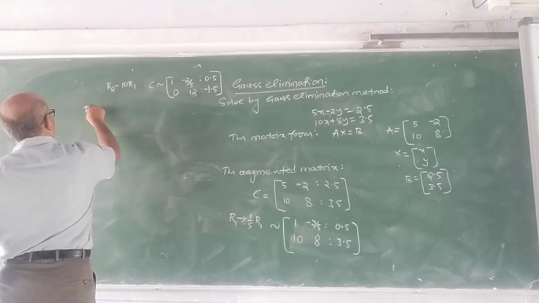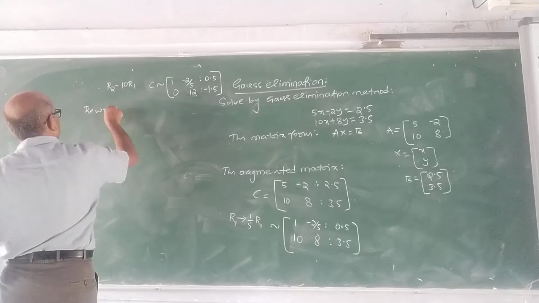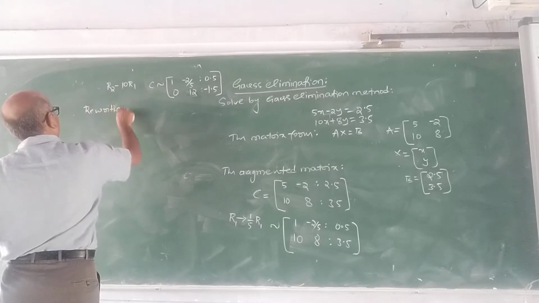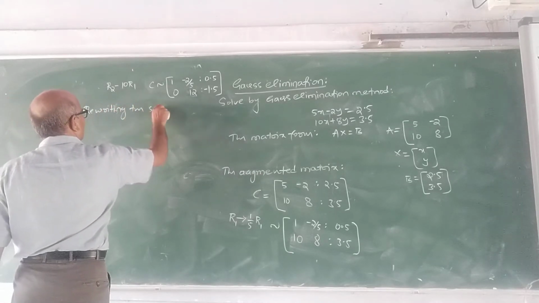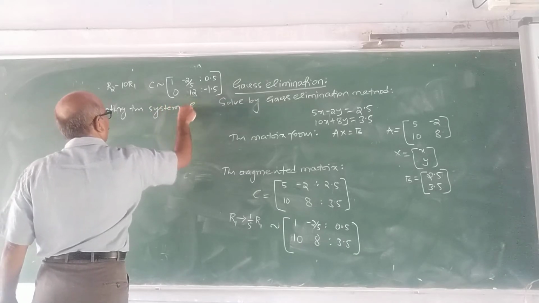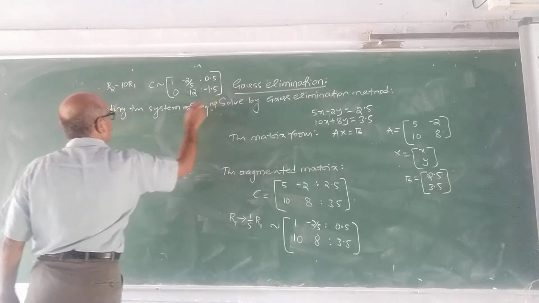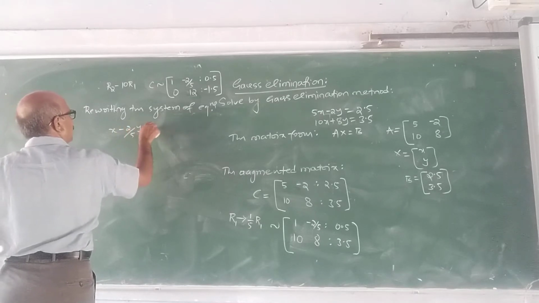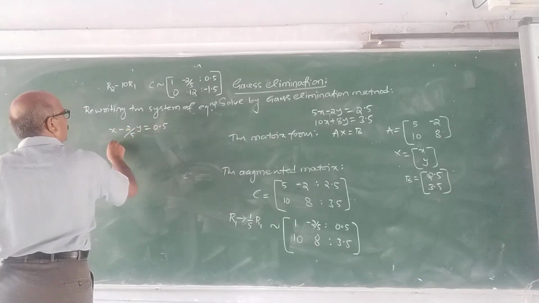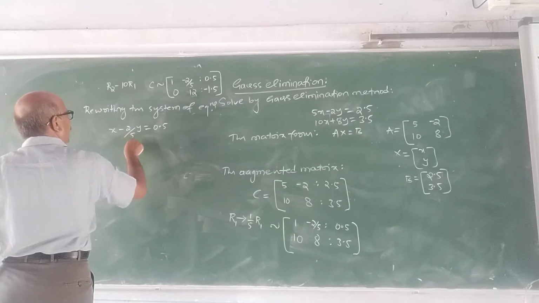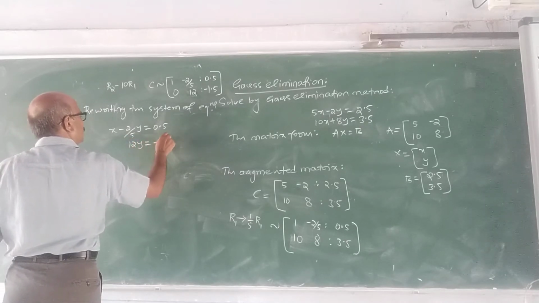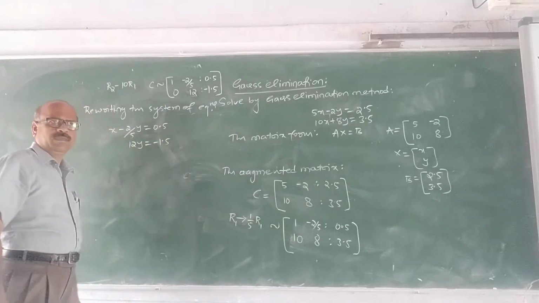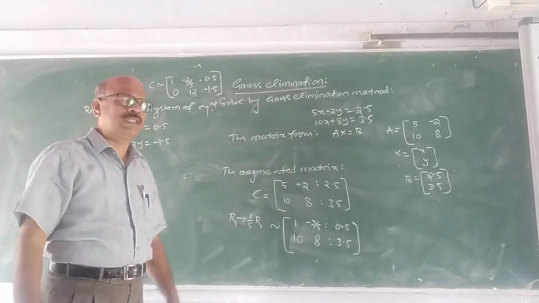Now rewrite the system of equations. This is the Gauss method. We get x minus 2 by 5 y is 0.5, and 12y is equal to minus 1.5. Rewrite the equations in this form.